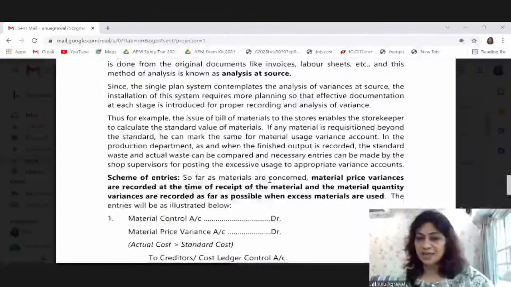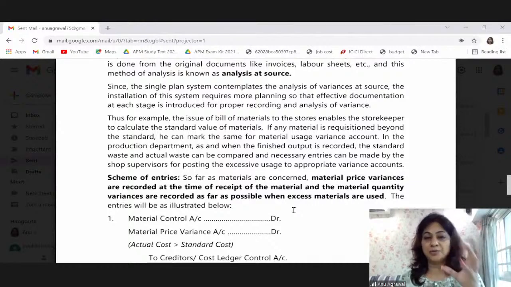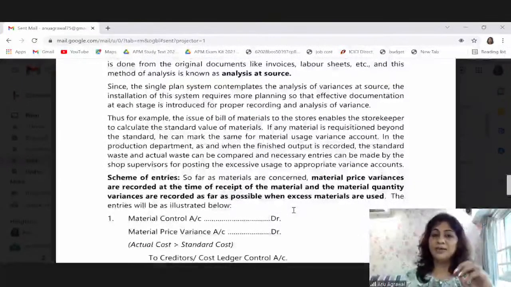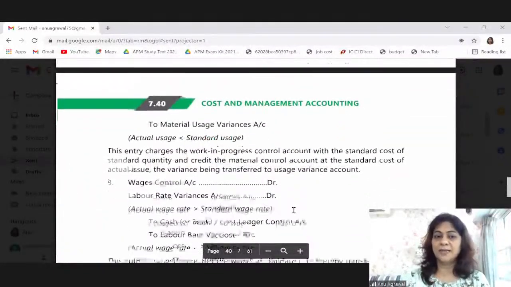Now, when you're doing standard costing, you'll be able to understand that material control account will be charged to WIP only at the standard cost. So any kind of price variance or quantity variance we record at that particular time, that means the WIP only standard cost is good. Right? This is known as a single plan.